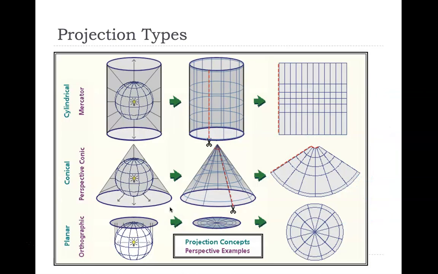All right, so there's your cylindrical. You might want to wrap your globe around like a cylinder. The problem with that is, again, on a Mercator map, you're going to see major distortion at the poles. Conic, you're not going to see a lot of conic. You're going to see these really on the poles as well.